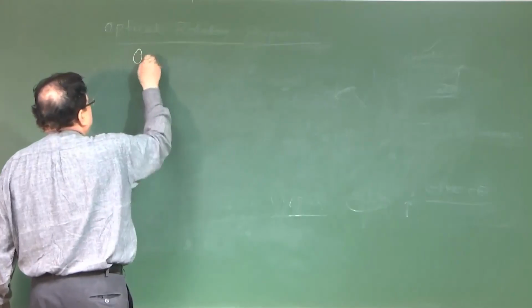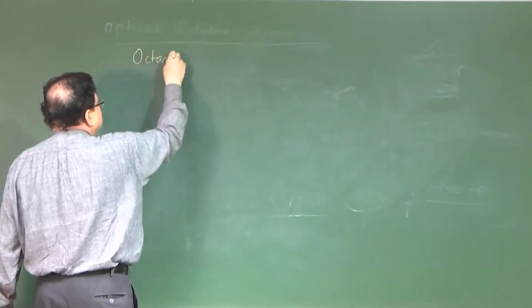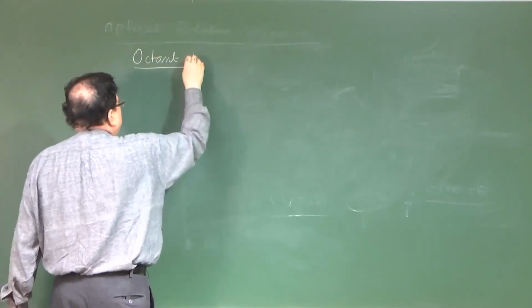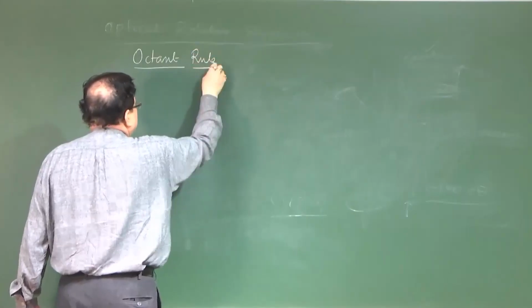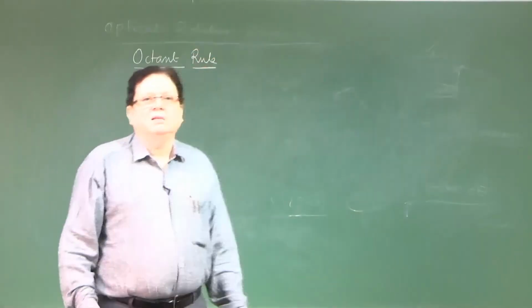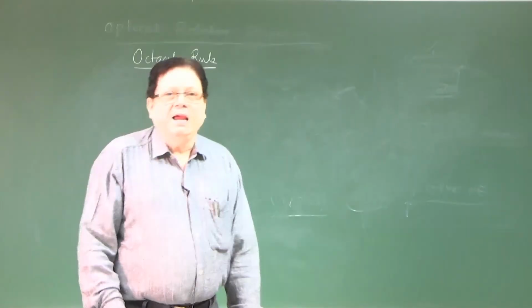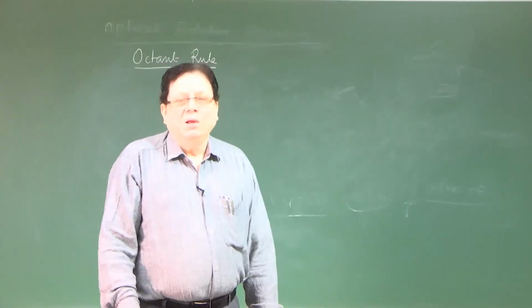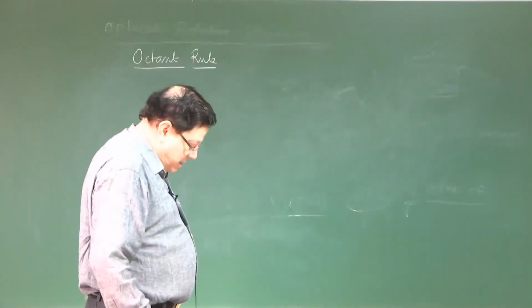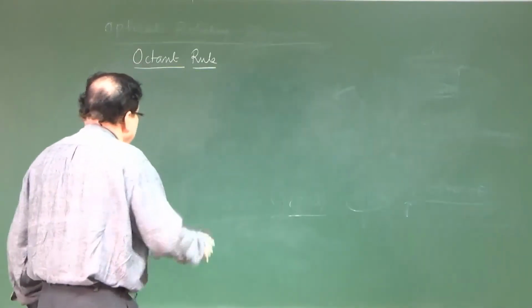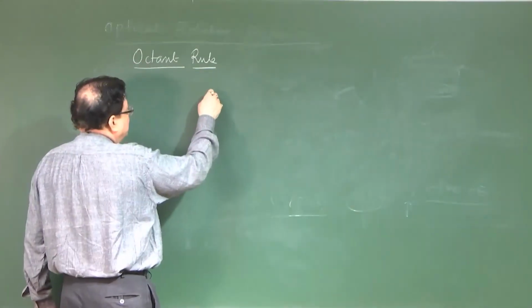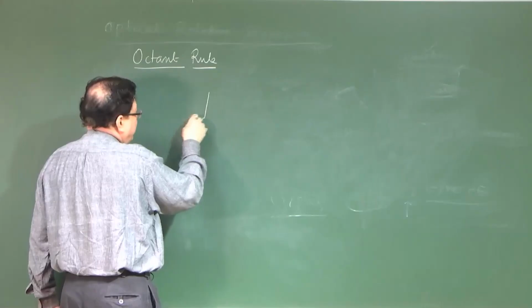So, basically we had two rules, one was the axial haloketone rule and the other one was the octant rule. The octant rule says that you have the cyclohexanone system. You place the cyclohexanone system in such a way.